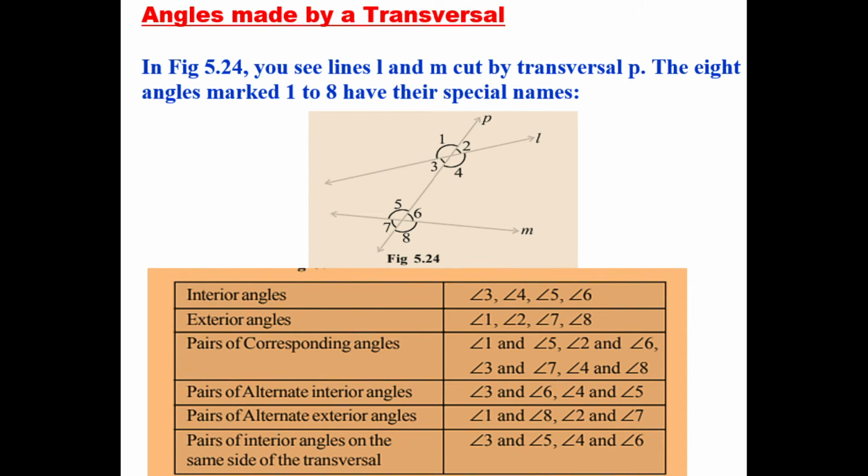Now pairs of alternate exterior angles, same way outside: 1, 8 and 2, 7 are alternate exterior angles.